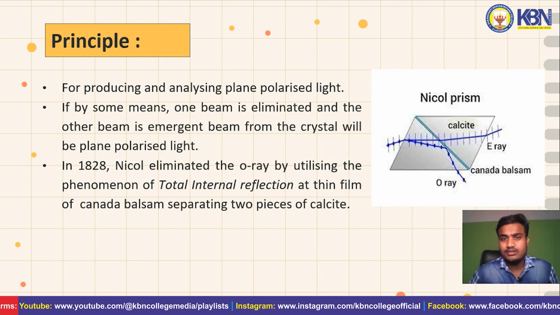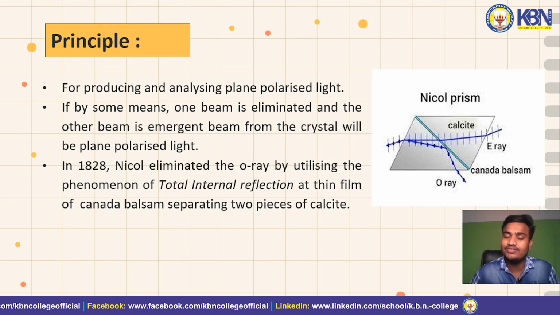First of all, as I said, in double refraction, when light falls on certain crystals like calcite, it splits up into two parts inside the crystal. One is called the ordinary ray and the other is called the extraordinary ray. This phenomenon is known as double refraction.